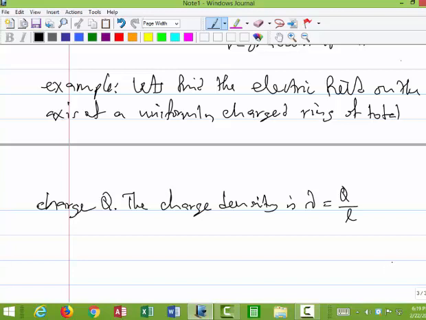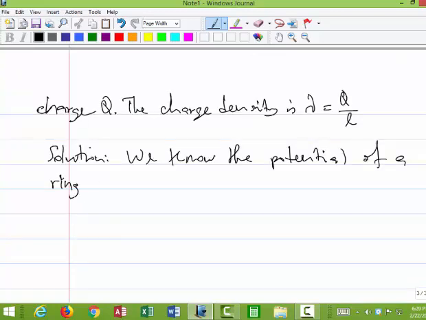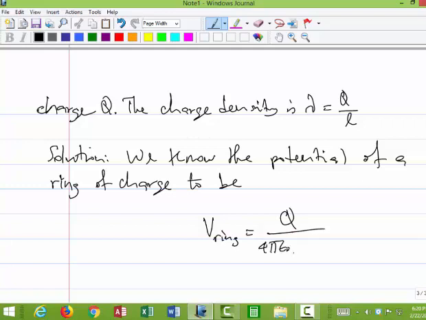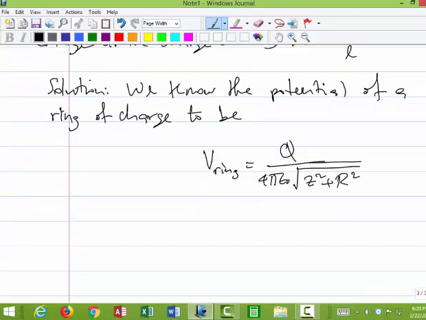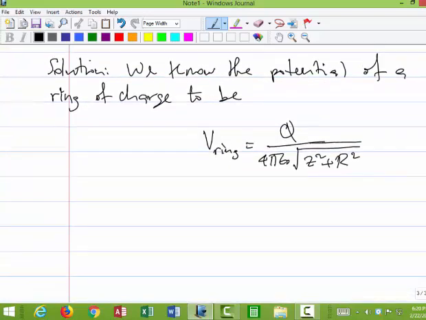So the way this works is, we know the potential of a ring of charge to be V ring is equal to Q over 4 pi epsilon naught times the square root of z squared plus R squared, where R is the radius of the ring and z is the axis along which we are finding this result.